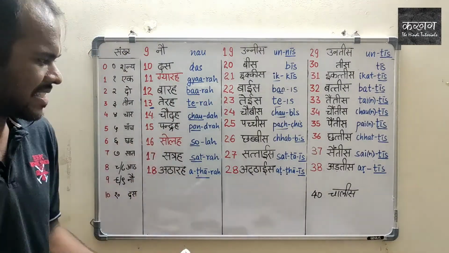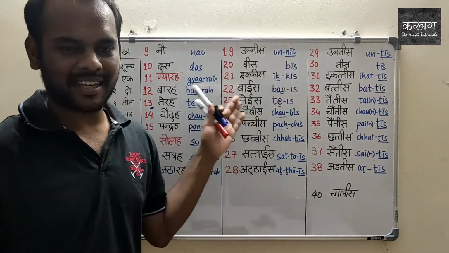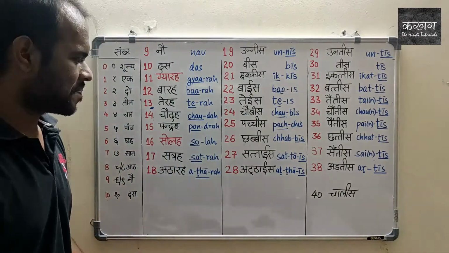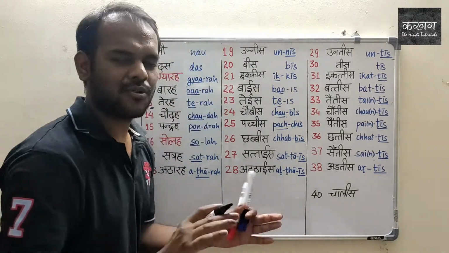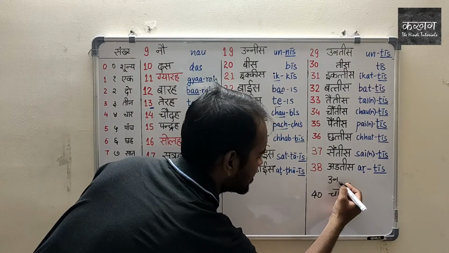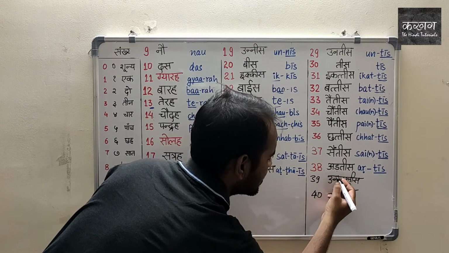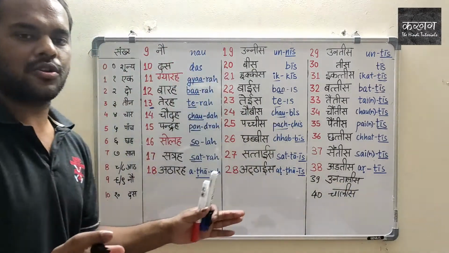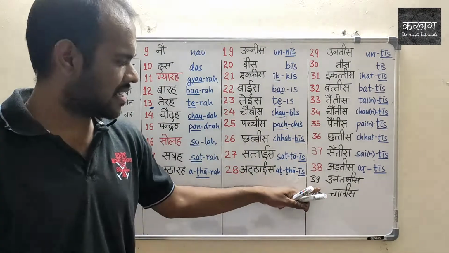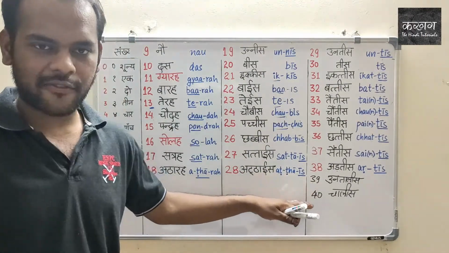Okay, you can guess. According to these examples, what you will guess is 39. So the number is close to 39. Although some people also say it differently. So 39, 40, 39, 40.